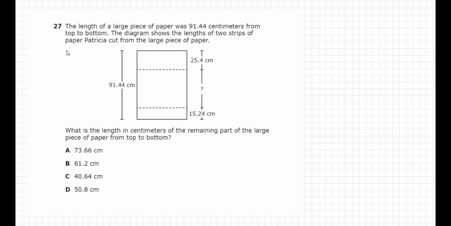Question number 27. The length of a large piece of paper was 91.44 centimeters from top to bottom. The diagram shows the lengths of 2 strips of paper Patricia cut from the large piece of paper.